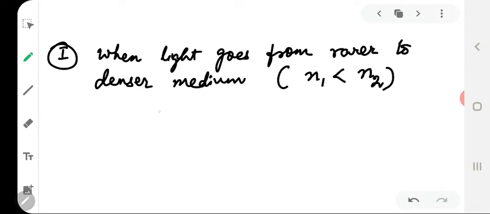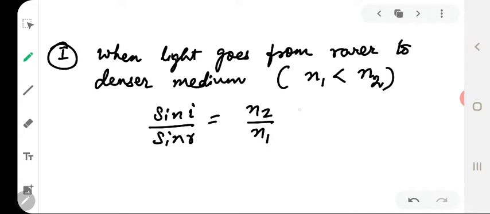So we can write down sin i by sin r to be equal to n2 by n1, and that is greater than 1.